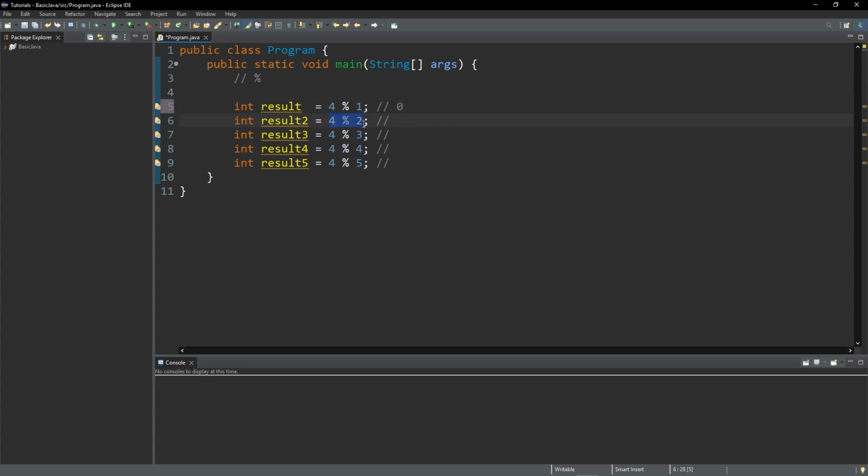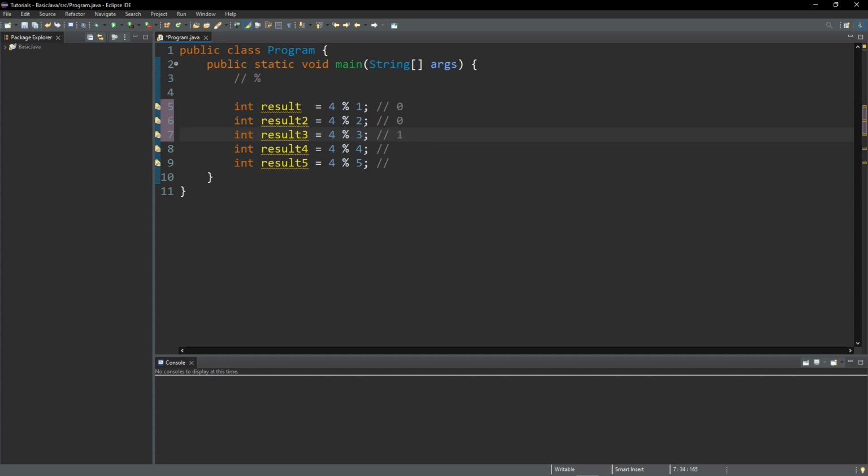And we got 4 divided by 2, that is 2. It's literally 2.00, which means there is no remainder as well. Now we got 4 mod 3. Now we're starting to get interesting. That is going to... 3 goes into 4 one time, right?